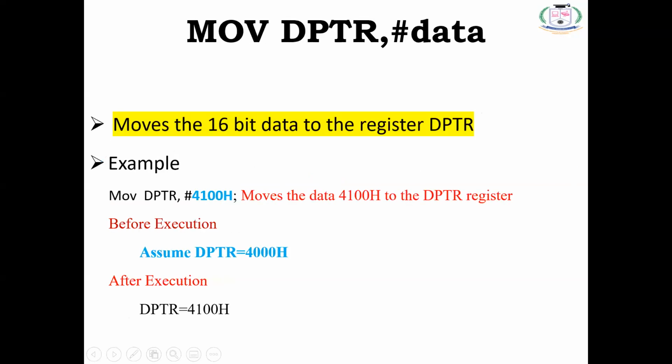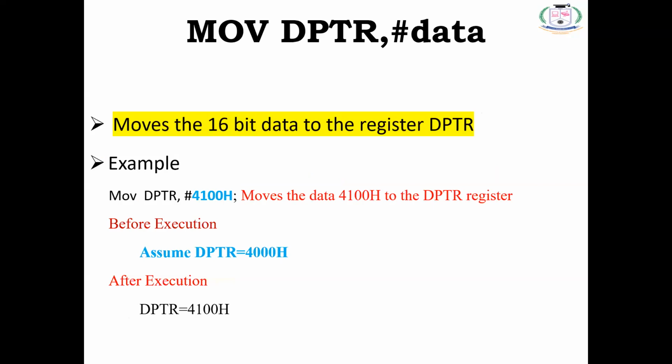MOV DPTR, hash data. Muttamil Selvi, tell me this. The 16-bit data to the register DPTR, ma'am.